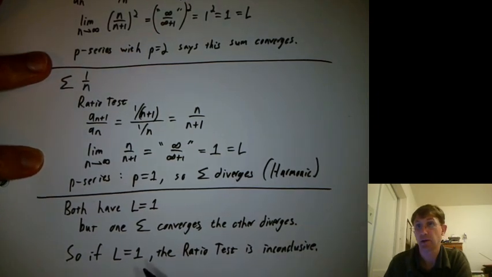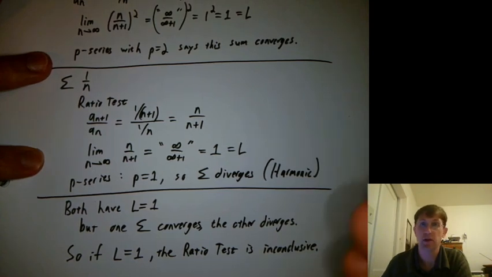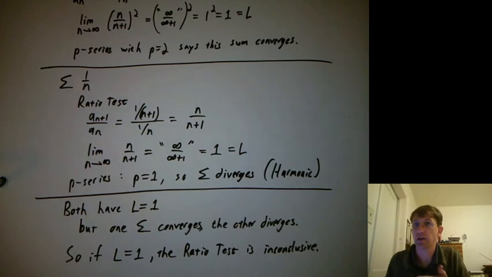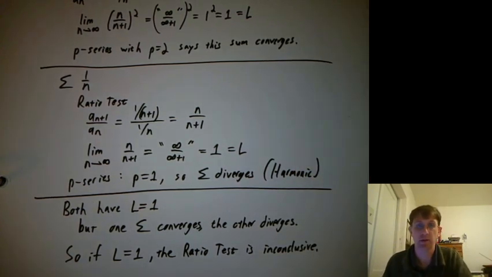Because there are examples with L equals 1 that converge and examples with L equals 1 that diverge. So L equals 1 is just not enough information to be able to tell the difference between these two things.